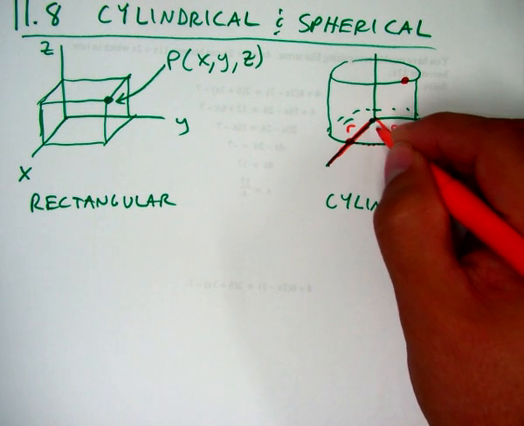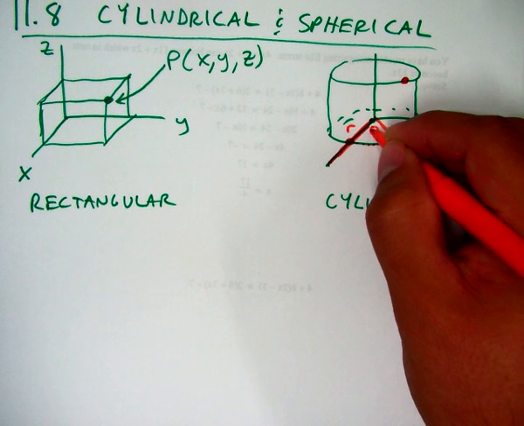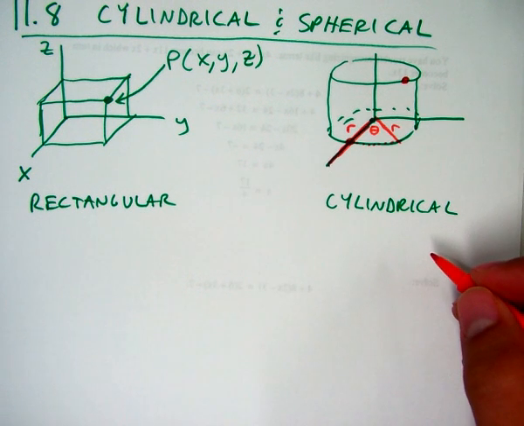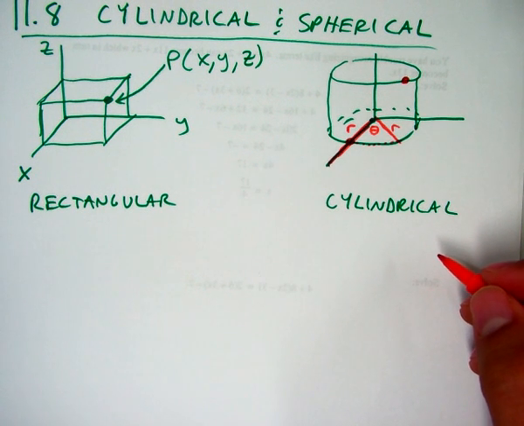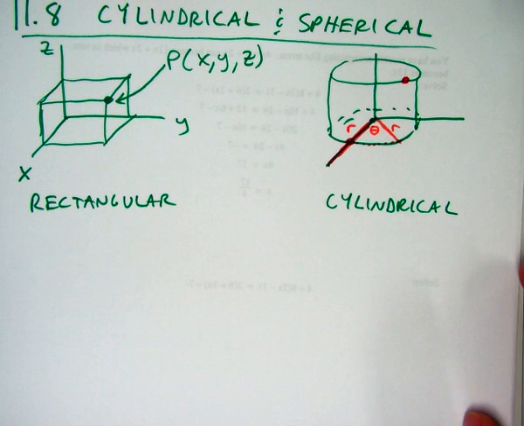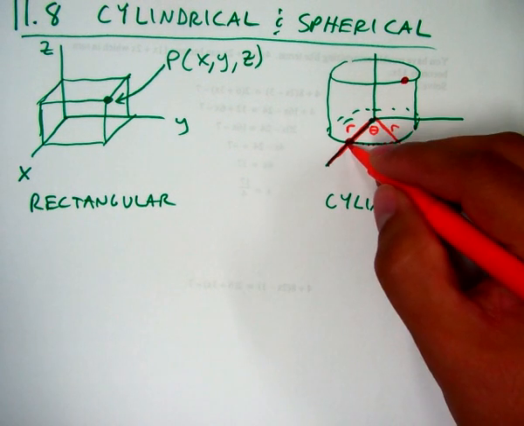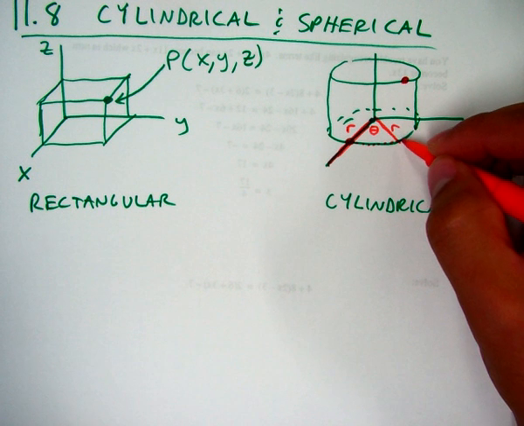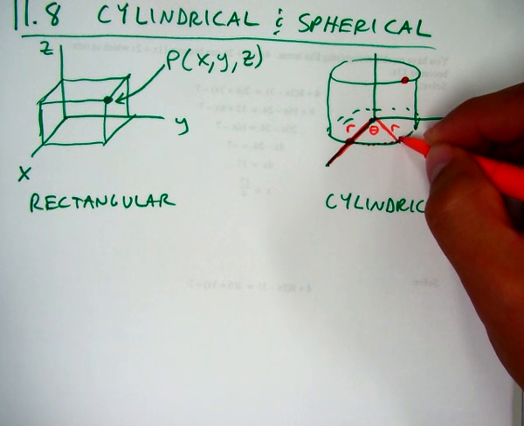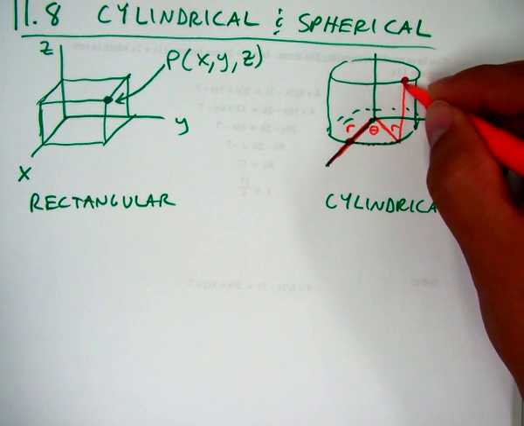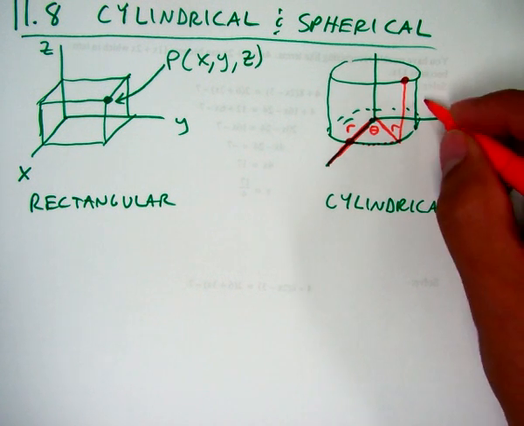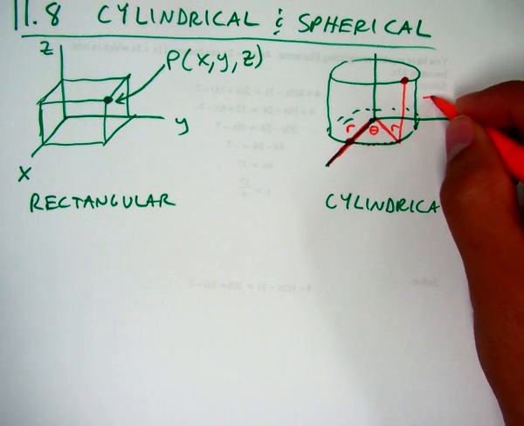And this angle here is going to be called theta, which isn't news to anybody, right? You're used to seeing theta with respect to the x-axis in polar anyway. And then once we go out a radius and rotate a certain number of degrees or radians, now we can say let's go upward until we arrive at our point. So then this would just be z. Okay?